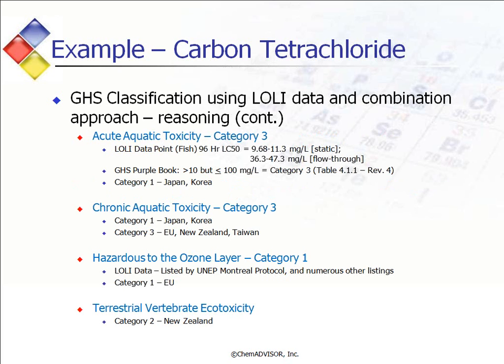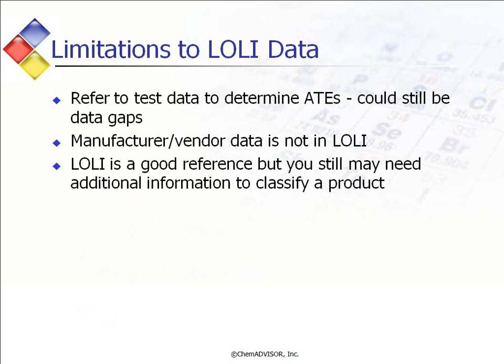But the judgment process is going to differ from HAZCOM specialist to HAZCOM specialist. So training is important, consistency in approach is important, and being able to pull out data and prioritize data for inclusion is important as well.